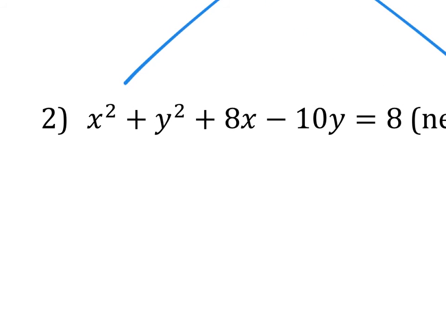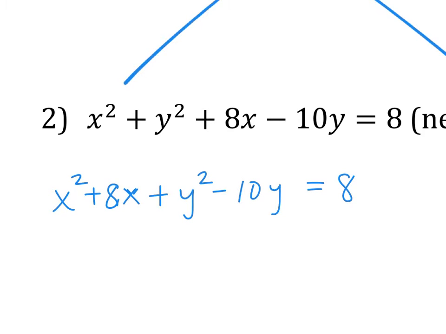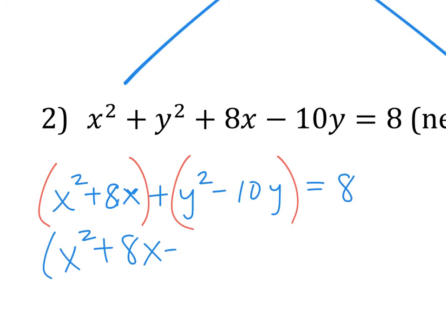So we're going to put all the x's together, all the y's together, and the constant stays on the other side. All right, at this time, we are going to group the same variables together, and we're going to open that up so we can put a magic number inside.